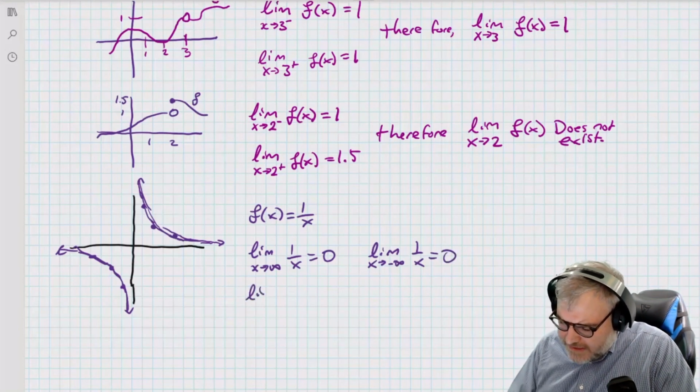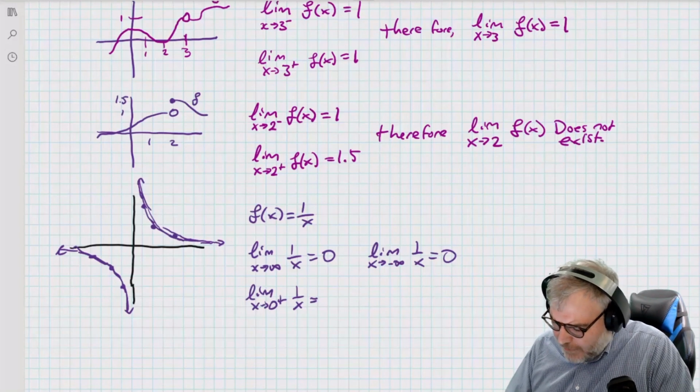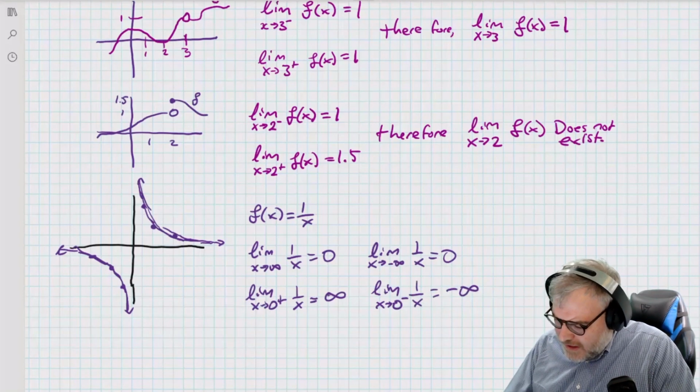The limit as x goes to 0 from the right of 1 over x equaled, so if I go to the right, I go to positive infinity. The limit as x goes to 0 from the left of 1 over x equals negative infinity. So the limit as x goes to 0 of 1 over x does not exist.